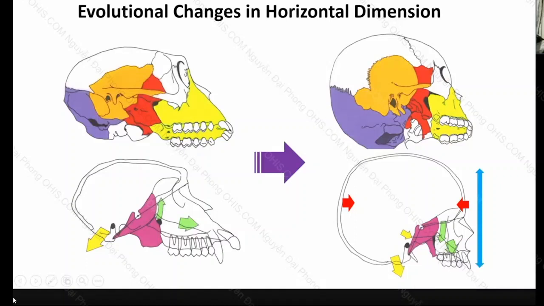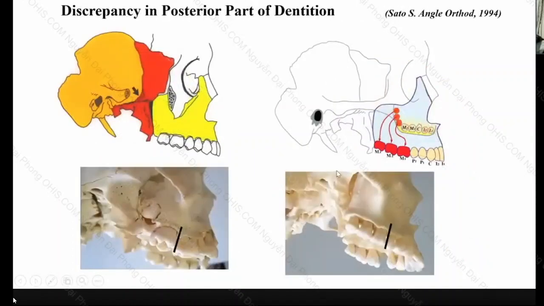We have a big problem of posterior discrepancy. If the posterior part of the upper jaw does not grow so much, we always have not enough space to adapt all the molars.